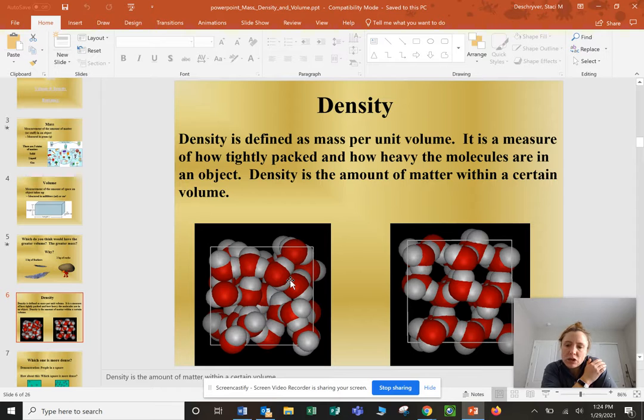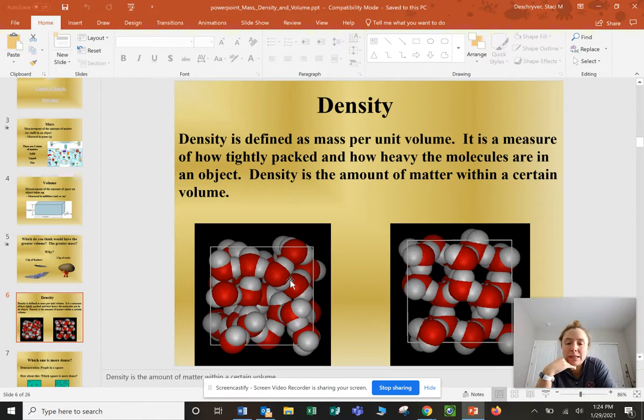And oftentimes when we start talking about density, we make the mistake of saying, oh, this object's more dense because it's heavier. No. You can't just talk about mass. You can't say this object is more dense because it's bigger. No. You cannot do that, because then you're just talking about the volume.